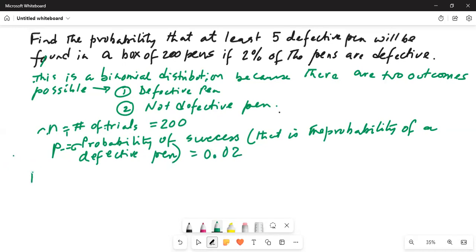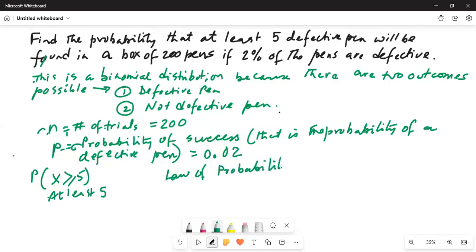So we want to find the probability that at least 5, that means 5 is the lowest number. 5 and above, and above means from 5 we go up to 200. This is the symbol for at least 5. Now we have to think about the complement event and use the law of probability of complement events.